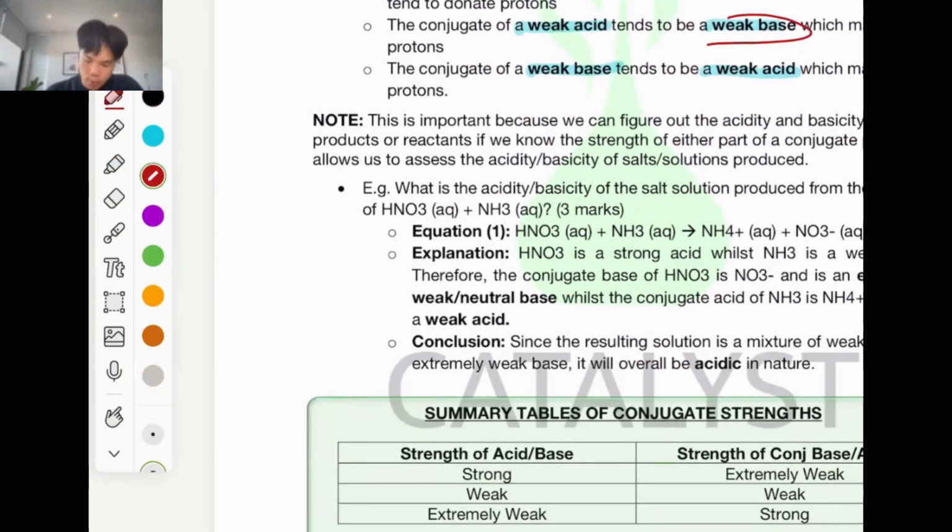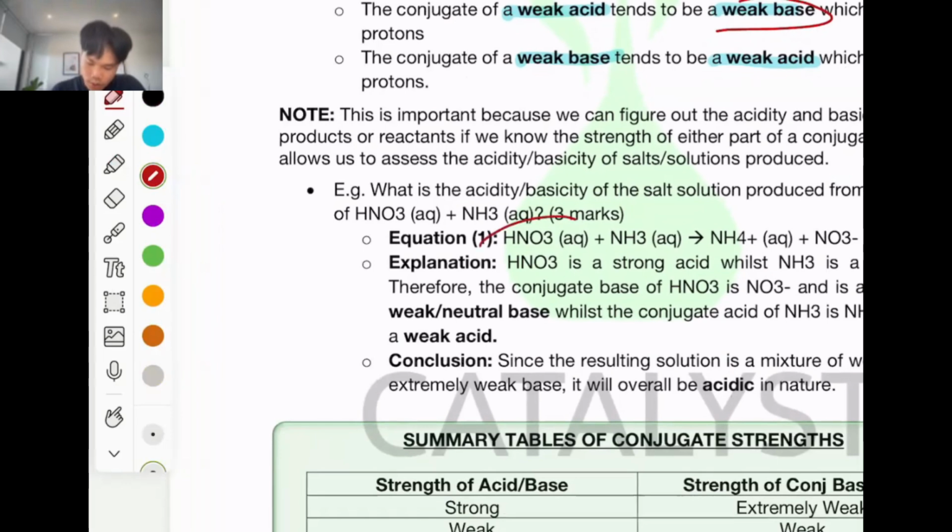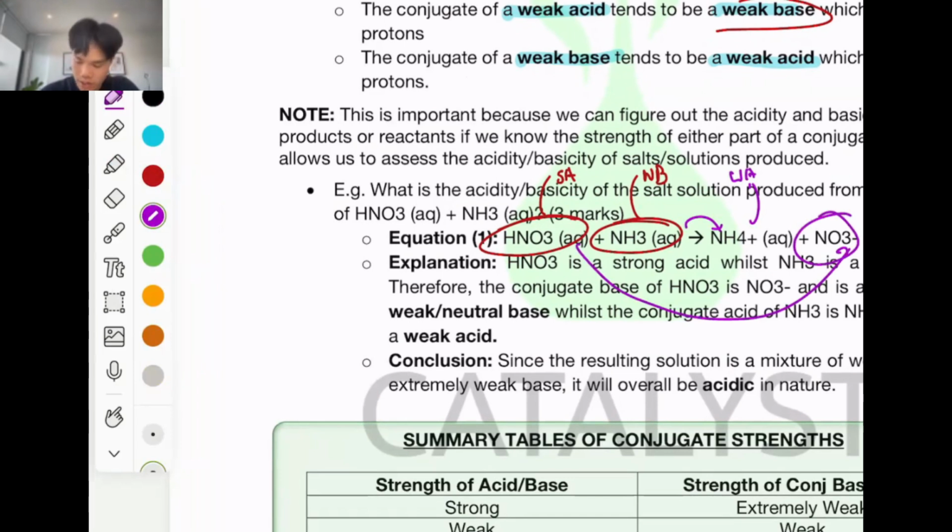So as the example that I always go through, HNO3 reacting with NH3, we know HNO3 is a strong acid. NH3 is a weak base. Therefore, their conjugates: NH4+, because this is the conjugate of a weak base, is going to be a weak acid. And NO3-, because it's the conjugate of a strong acid, is going to be a very weak base.